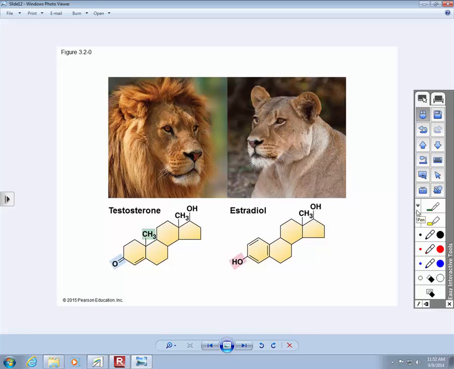All right, here are 2 different steroid compounds, and this is very interesting. One is testosterone, which is the male hormone. Now, females produce it too. Females, though, only produce this at the adrenal glands, and you don't have to know that, but the adrenal glands are found basically on top of the kidney, kind of on top and towards the midline.